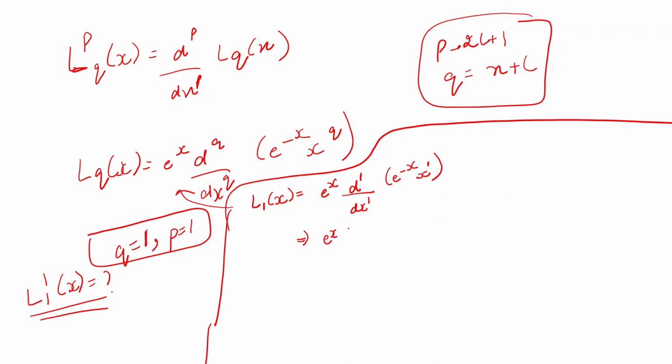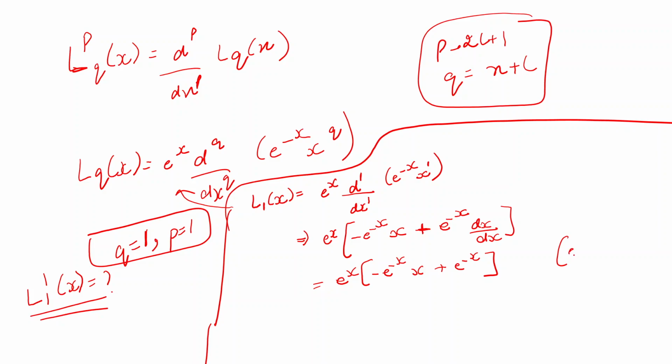Now e^x will be as it is, and now you have to differentiate e^(-x) times x. First differentiate e^(-x). The differentiation of e^(-x) is minus e^(-x). Then x is kept constant. Then addition sign. Then e^(-x) as it is, and the differentiation of x. So e^x times minus e^(-x) x plus e^(-x), because dx by dx is 1 only.